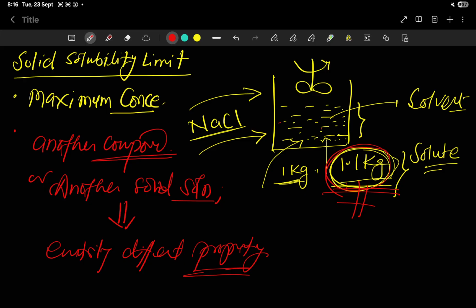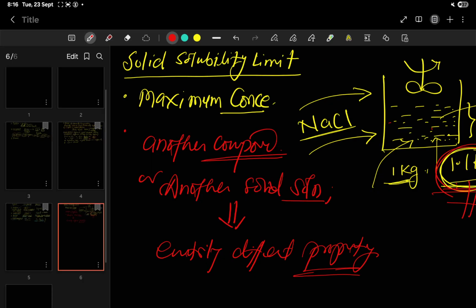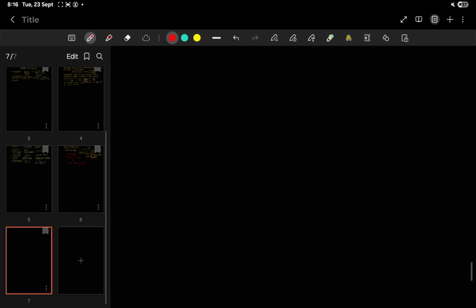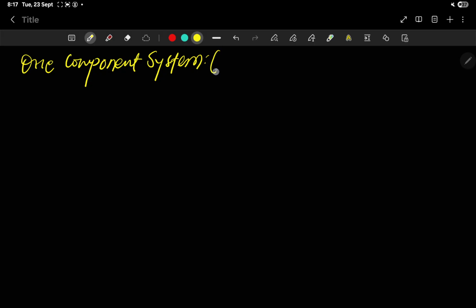So let's explore more. Let's explain the one component system, or it is called the unary phase diagram.